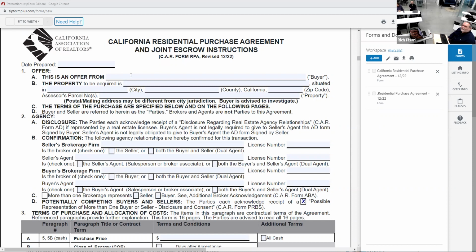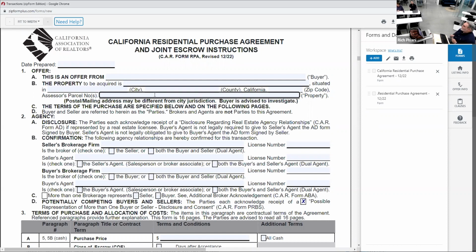This is an offer from the buyer. The property is, this is the address, in what city, in what county, and the zip code, and then the parcel number. Where do you get the parcel number? Most likely you're going to find that on the MLS, because if it's a listing that's on the MLS, the parcel number is going to be reflected there.